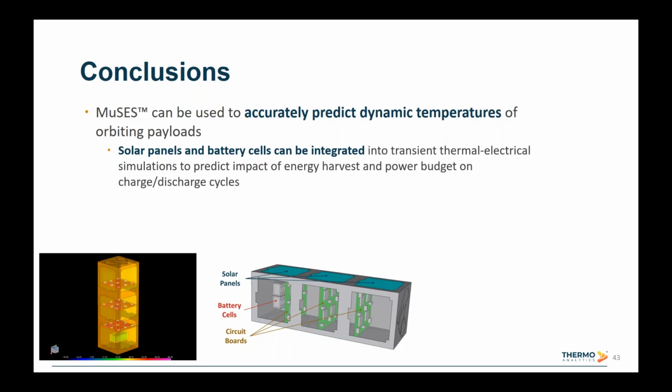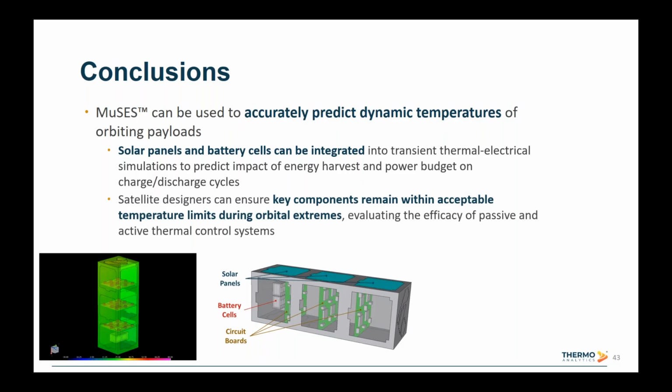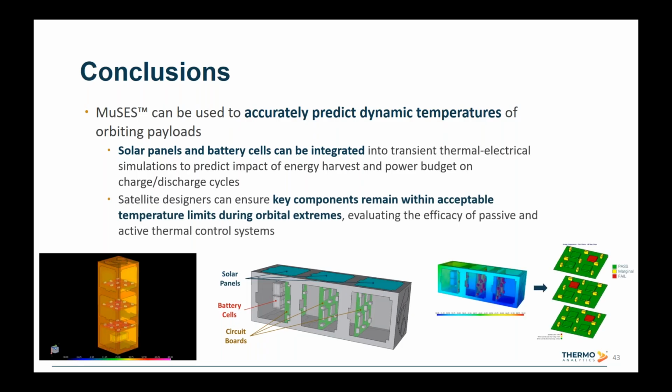And that lets us accurately predict all the temperatures and the battery performance, and we can then use that to make sure that the key components of our system are going to stay inside the desired temperature envelope during the extremes of the orbit, and how effective the different passive and active thermal control systems might be that are being considered.